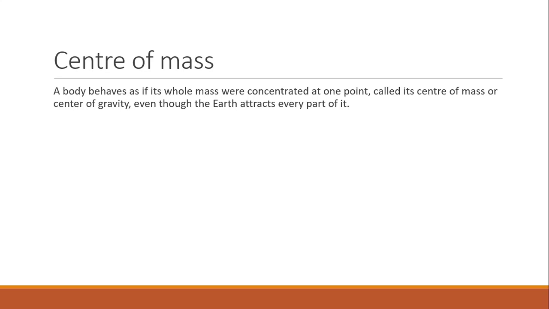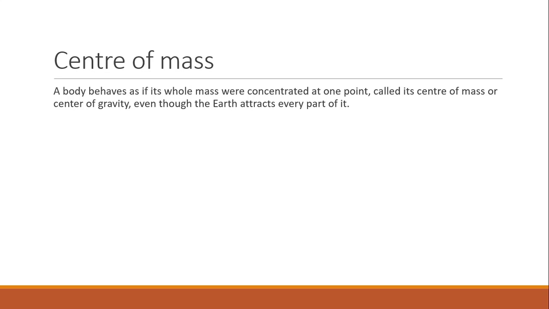If we look at a body, we know that the mass that body has is spread in different directions, or is evenly spread, or whatever the configuration is. But when we are doing calculations, it is important for us to consider a force that is given in every scenario, and that force is the weight of that object.